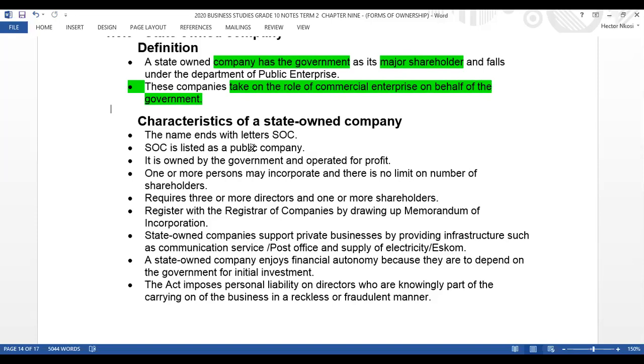Remember, each and every chapter has characteristics. Like, for instance, you as an individual, what are your characteristics? How do you verify that person is that person? Through the characteristics. Let's say you are a person who's loud, very noisy, very bubbly, who likes jokes, likes to eat a lot, likes to travel.